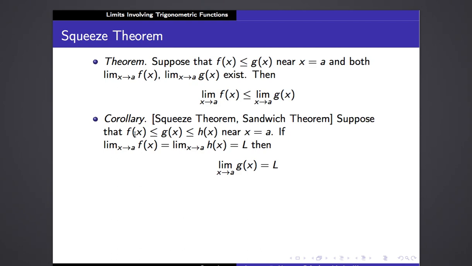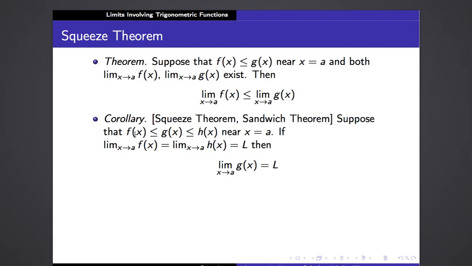In this case, if the limit of f of x and the limit of h of x happen to be the same, then f of x and h of x are going to the same value when x approaches a, so the middle guy is being squeezed.